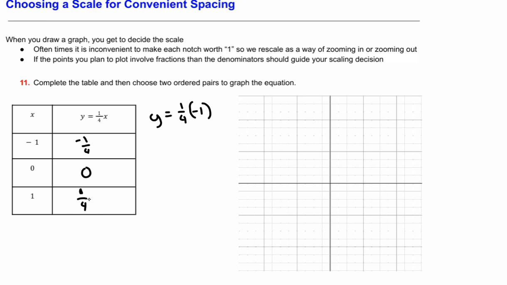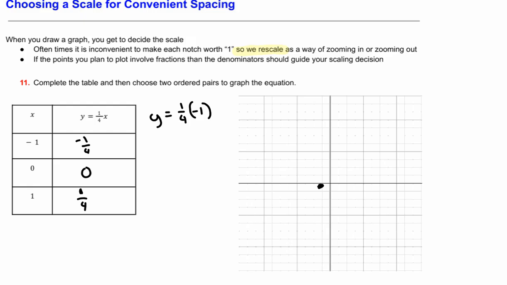Now, one of the things that we're practicing on this page, again, is this idea of rescaling a graph. So if we rescale it, it will make this a little bit easier. If I try to plot just -1, -1/4, that would be somewhere down in here. It's real tiny, right?